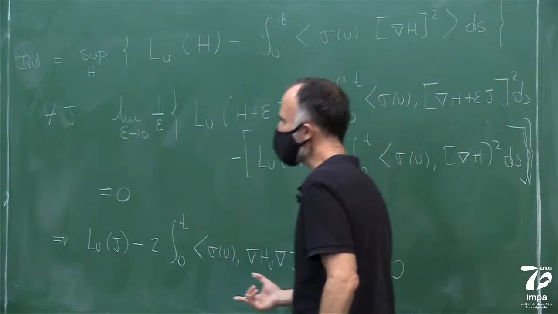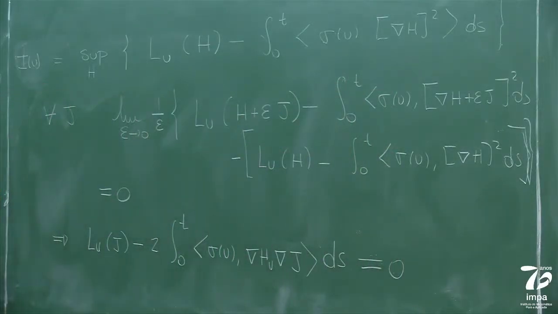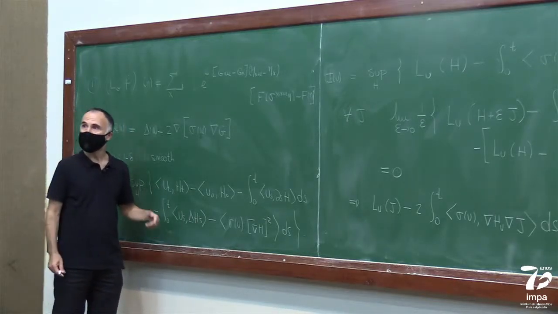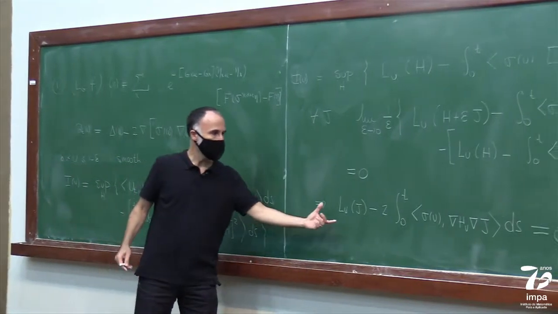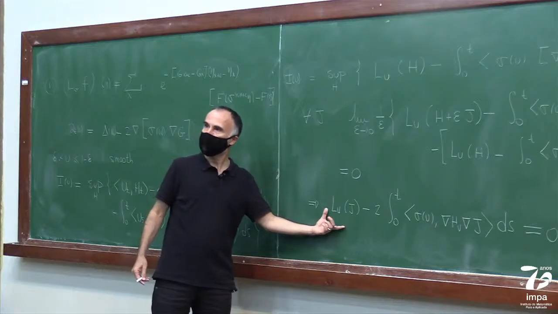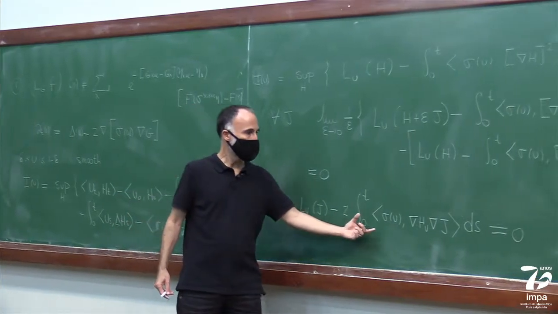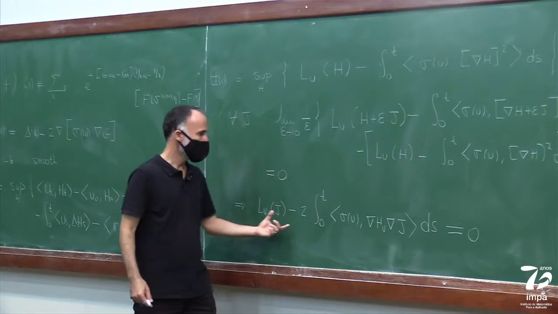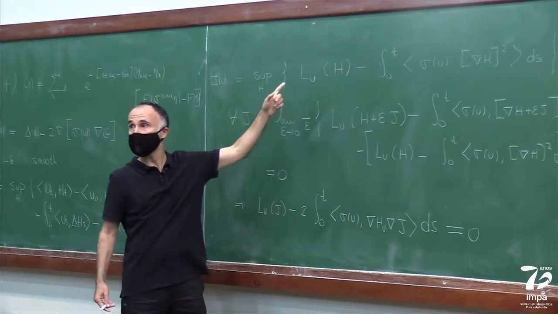Remember that Lu was something completely different. It was this minus this minus this minus this. But now I just proved that actually I can represent my linear functional as this scalar product. So I will replace L of u by this scalar product in this variational formula.